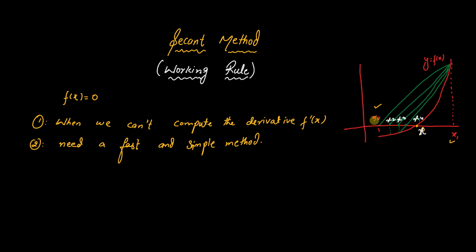The point where this line intersects the x-axis is our next approximation, and we denote it as x2. And that's the basic idea. At each step, we use the two most recent approximations to estimate the next one, iteratively improving our guess of the root.